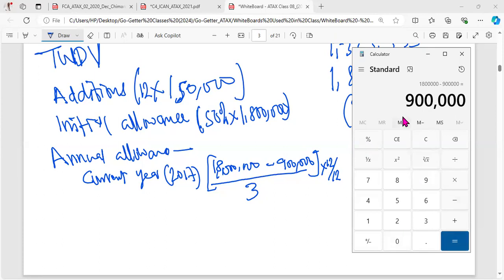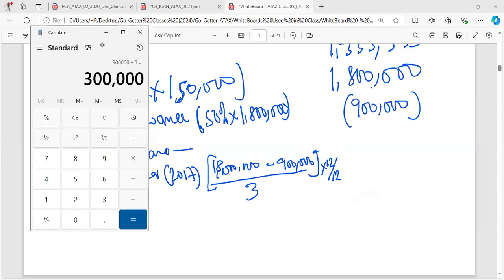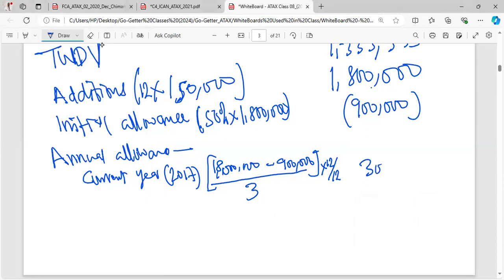The remainder, which is 900,000, is your annual allowance. You divide it by the useful life remaining, 3 years. So it's 300,000. Because you use it 12 over 12, you don't do anything. So your annual allowance is 300,000.